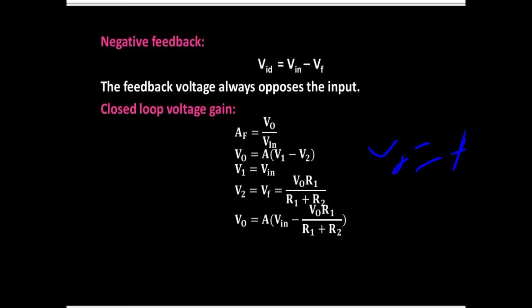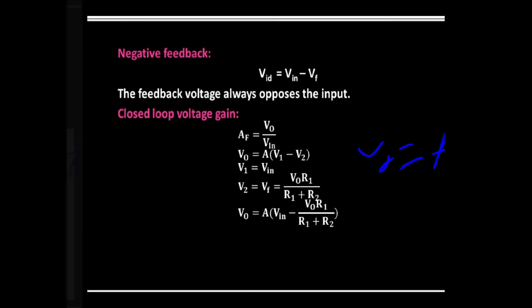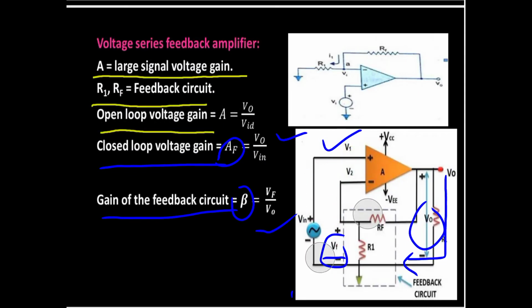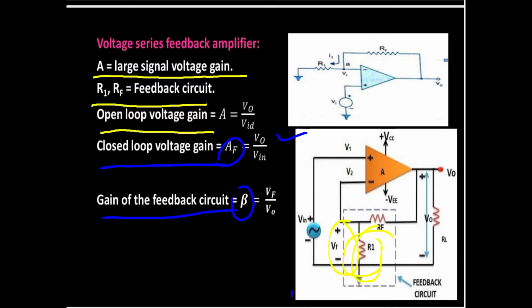Let's find V2. V2 is equal to VF. I already told you V2 is the output of the feedback circuit, that is VF. Let's see how to find VF. VF is the voltage across the R1 resistor. We know according to the voltage division rule, the voltage across a particular resistor is the total voltage into that resistance by the total resistance.